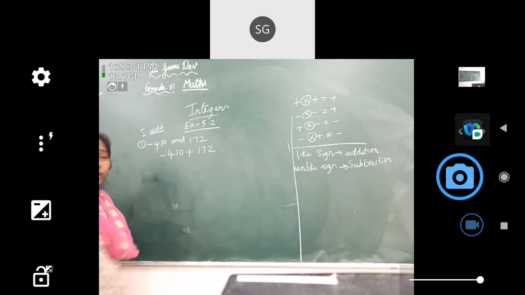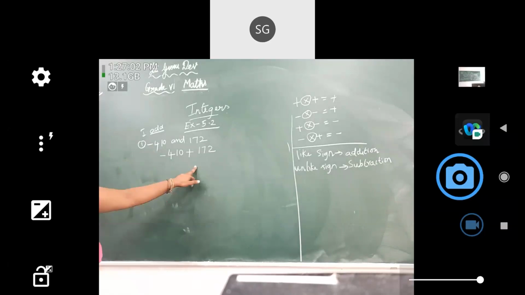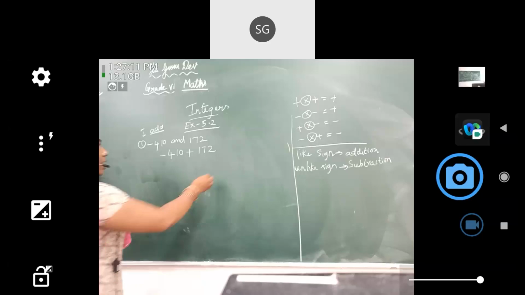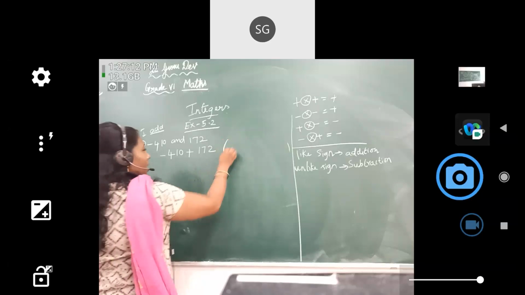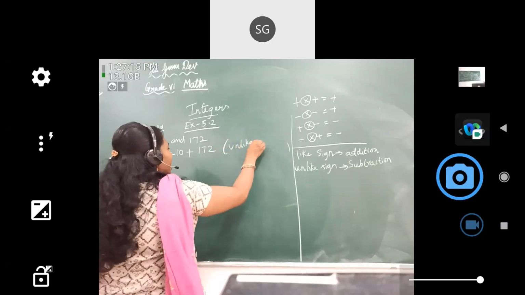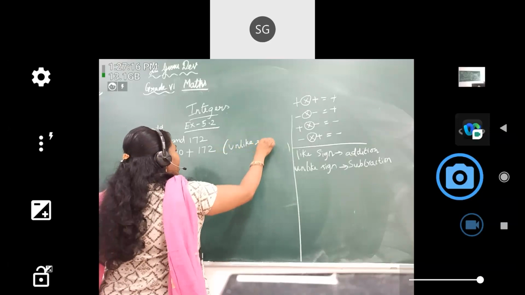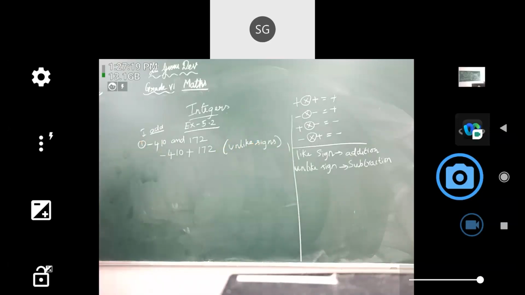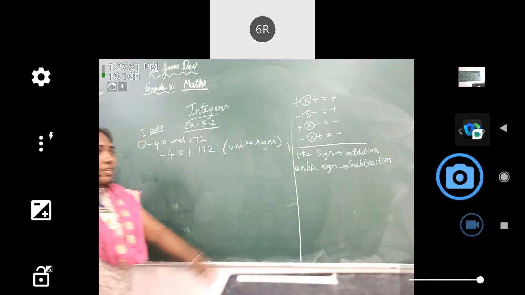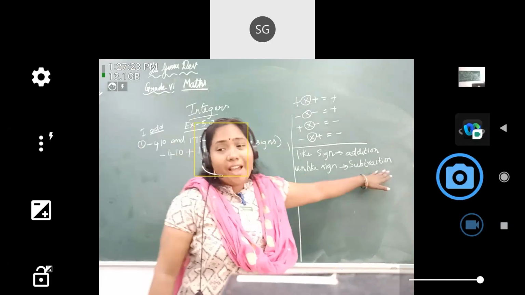Now I'm going to see: how many integers are here? Two, ma'am. Are they like integers or unlike integers? Unlike integers, ma'am. Yes, they have unlike signs. If they are unlike, what should I do? Subtract, ma'am. Unlike sign means I have to subtract.